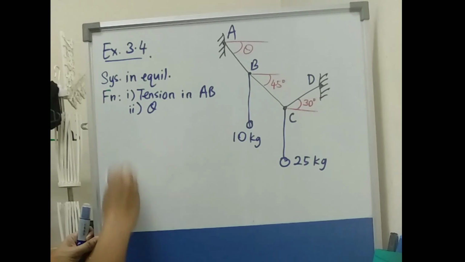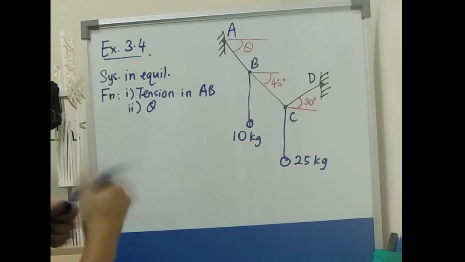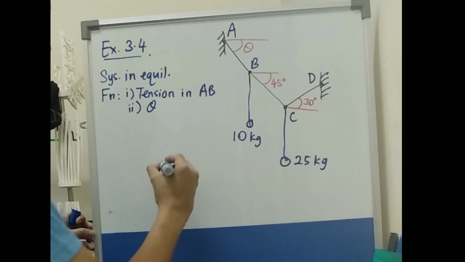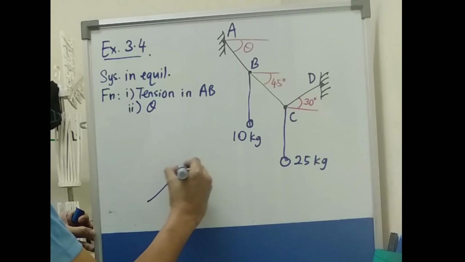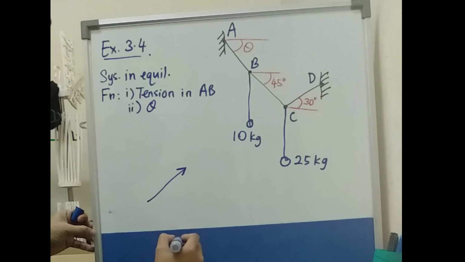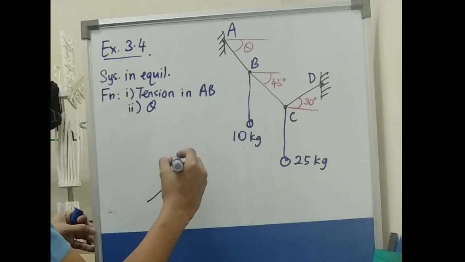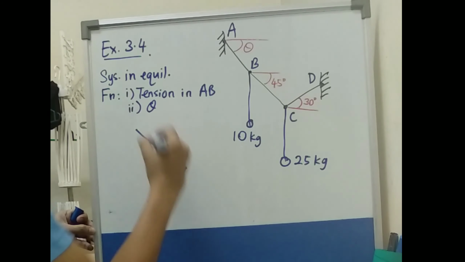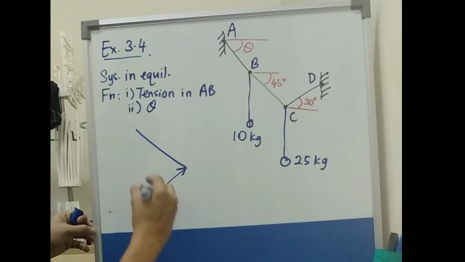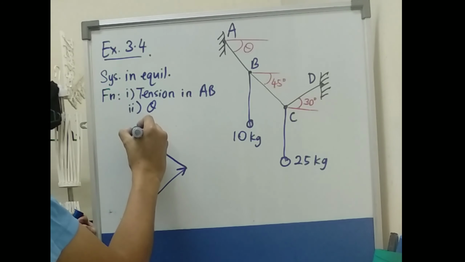For example, if you are using the triangle method, you have TCD, and then we have TCB at 45 degrees, and then we have the weight, which must be pointing straight.